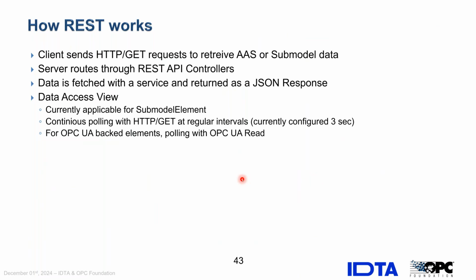As Niels already mentioned, if the value of the submodel element has to be retrieved from this common information model or common database, which is in OPC UA, then we mark this element as OPC UA backed. In such cases, we use the OPC UA read call or OPC UA read request to fetch the value from the underlying OPC UA server, even in the case of the asset administration shell. So this is how REST works.